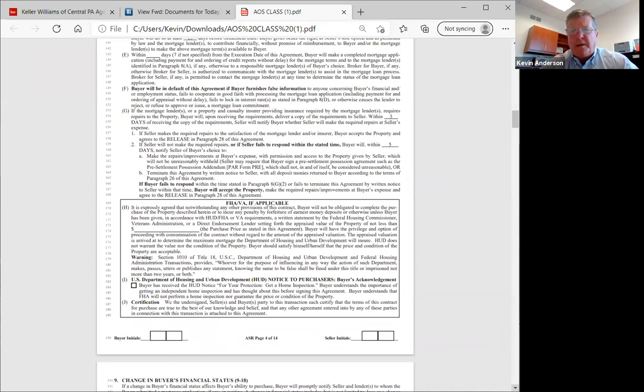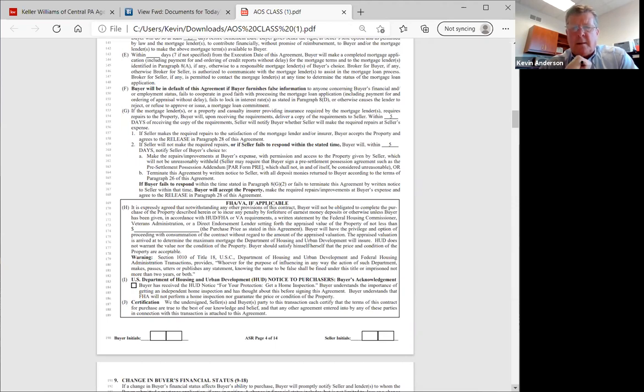Okay, under FHA VA, this is the disclosure where, and then VA and FHA have their own HUD documents that the seller signs, the agents sign. But the main thing in here is that it has to appraise at the sale price, at or above the sale price, or no less than the sale price.